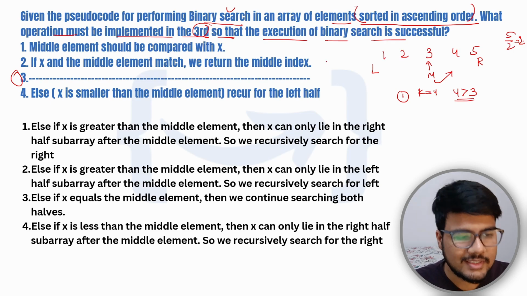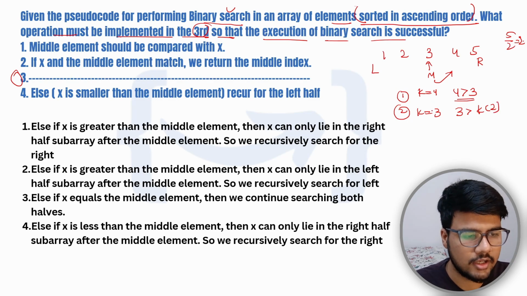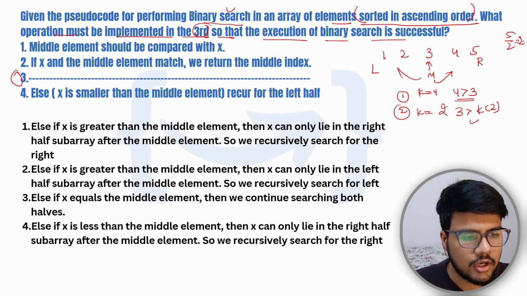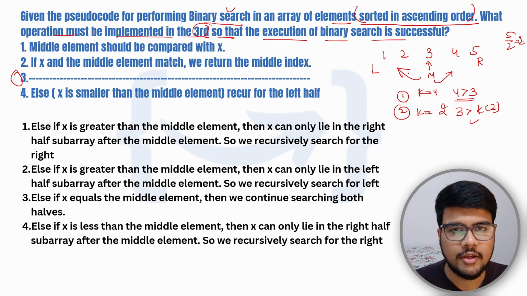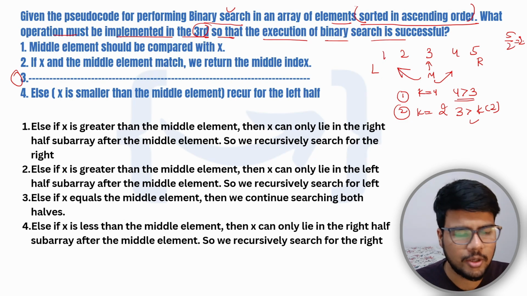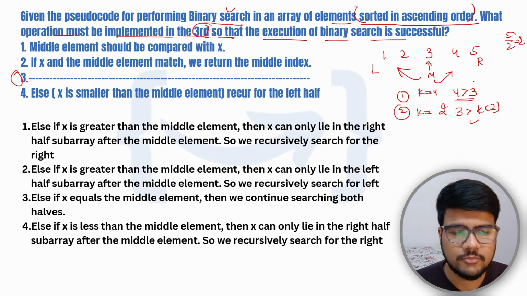And similarly, in the second test case, if I need to find 2 and my mid is 3, then I need to shift towards my left subarray to find the given target. So this is the approach, and anytime your mid hits the k that you are looking for, you need to return the mid.